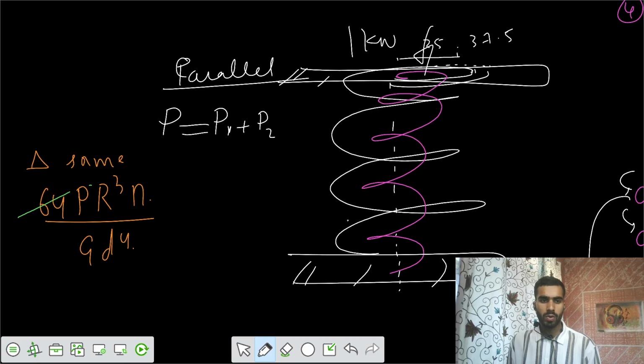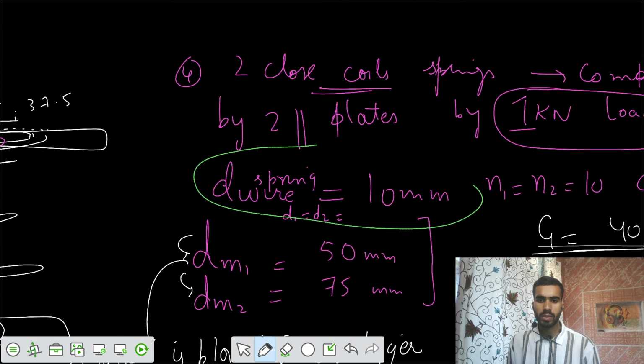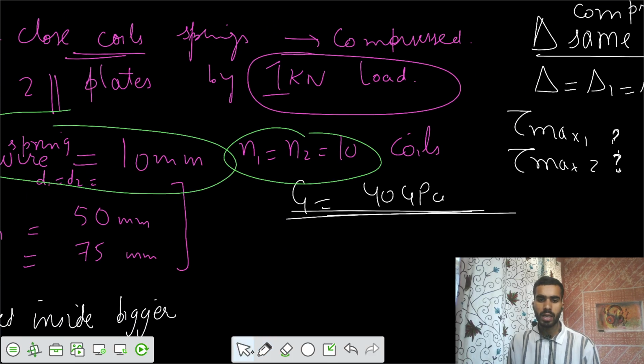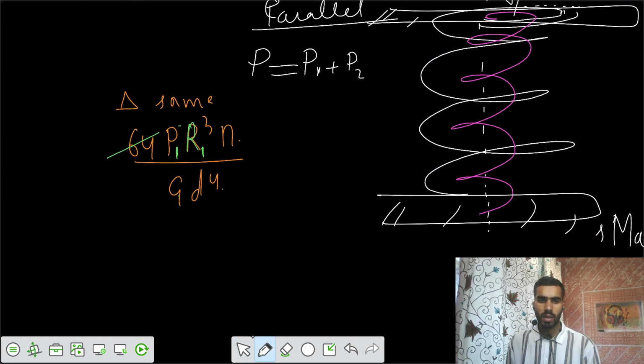The value of P I don't know, so it is P1 and P2, and R is also varying, R1 and R2. The value of n is the same, G is the same, and the diameter of the two wires is the same. Only the mean coil radius is varying. So I can write P1 R1 cube equals P2 R2 cube.